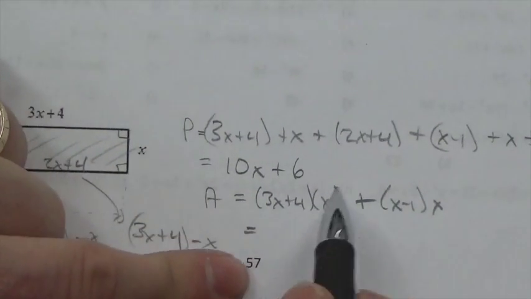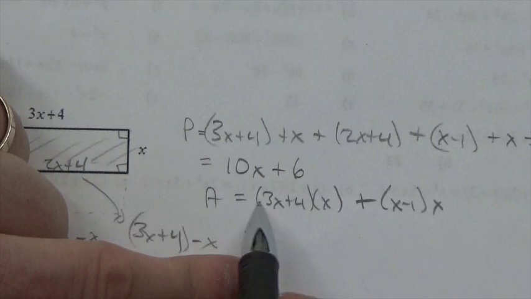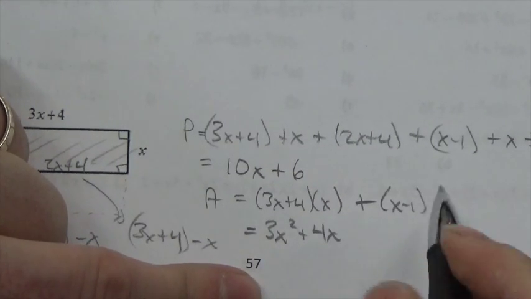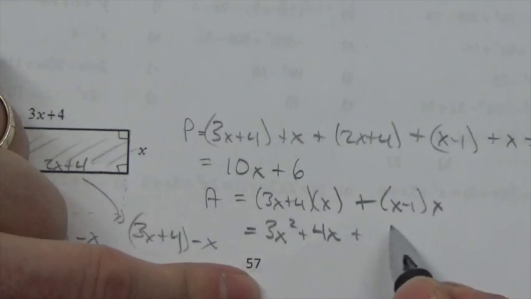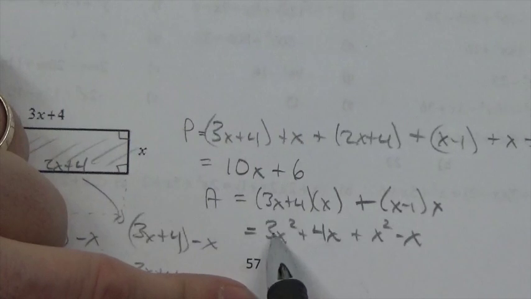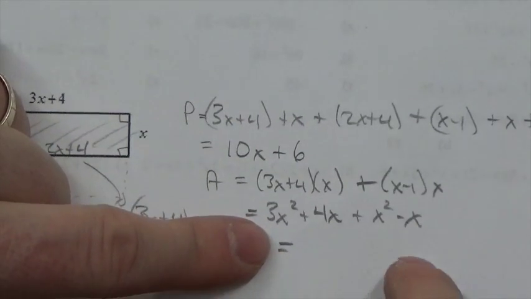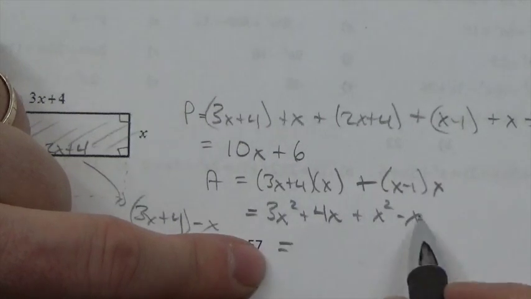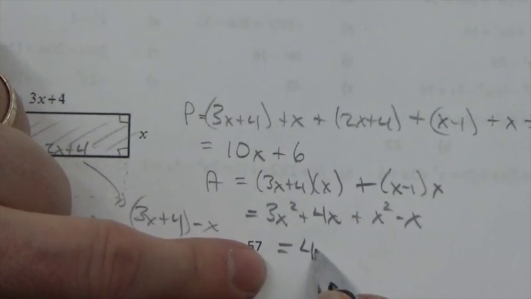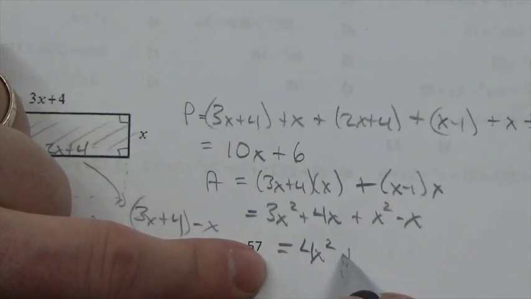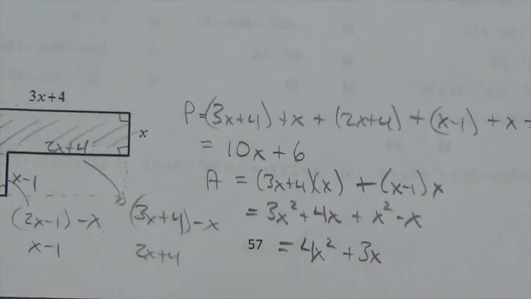Now in this case, I'm still distributing, but I'm going to do it backwards here. So this will be 3x squared plus 4x. Again, distribute backwards. x squared minus x. And now, I don't know what x is, but I know that x squared will be different than x. I've got 3x squareds here and an additional one here, that's 4x squared. I've got 4x's here and I take one away here, so it's going to be plus 3x. And so there's my area, 4x squared plus 3x.